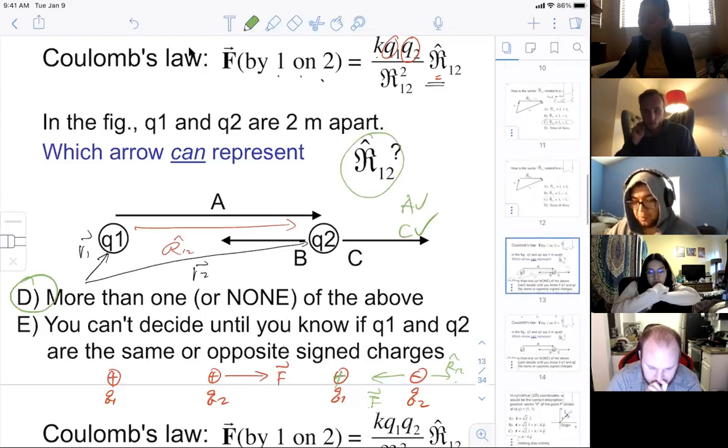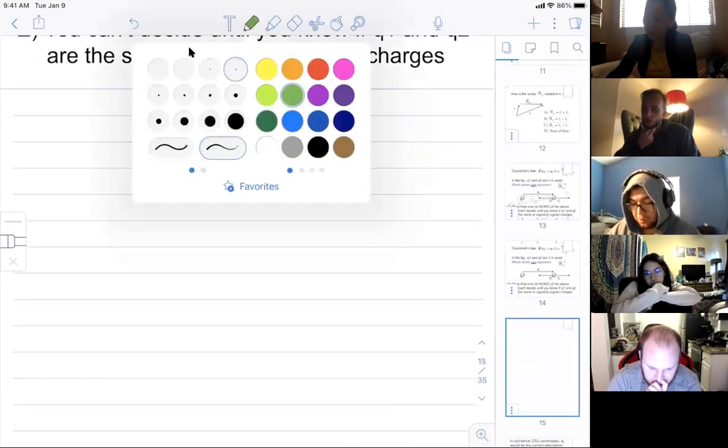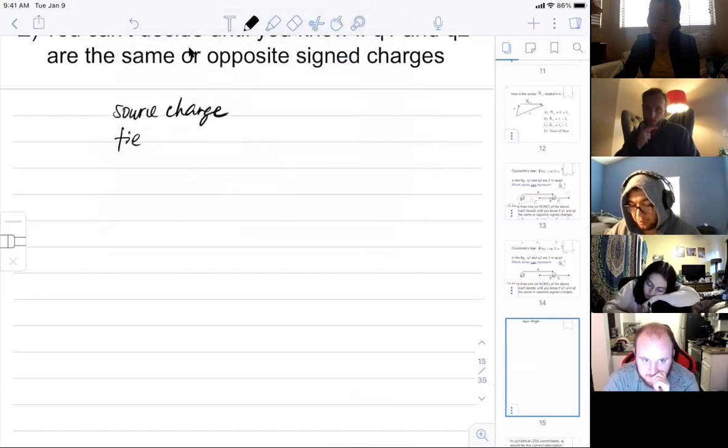If I may show you a different way that we write this separation vector. Instead of treating there are two charges, a lot of times we're treating a source charge point in space and a field point in space.